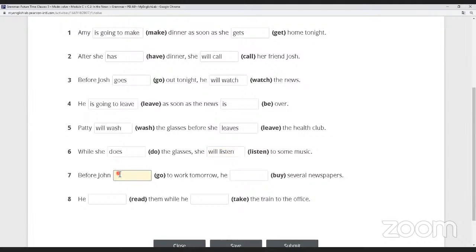Okay, before John goes to work tomorrow, he will buy. Is it he or she going? No, he's going to buy several newspapers. No, 8.